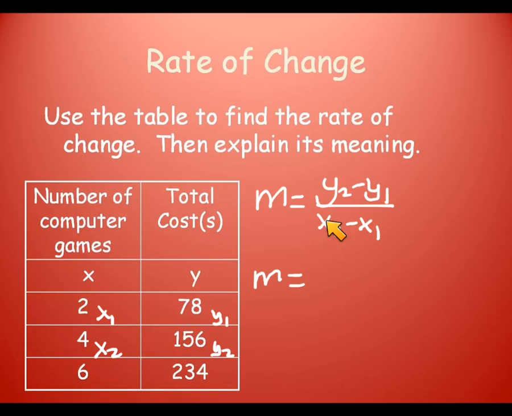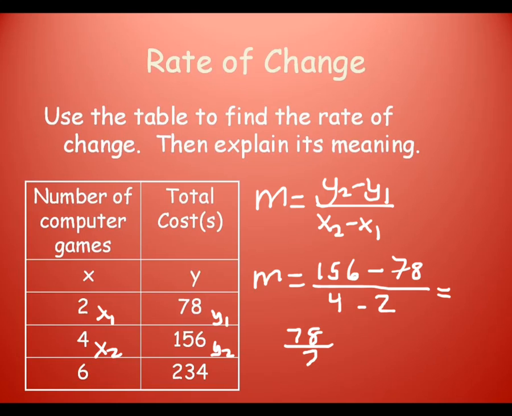So it says y sub 2, which I called 156, minus y sub 1, which was 78, divided by x sub 2, which was 4, minus x sub 1, which is 2. Let's simplify this. 156 minus 78 is 78. 4 minus 2 is 2.